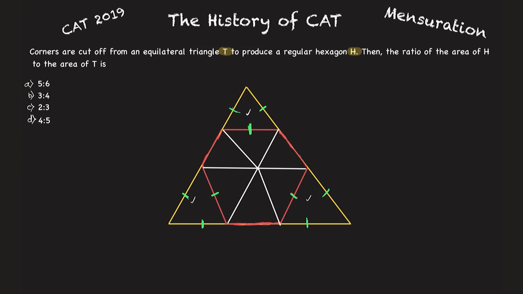Correct, which means these equilateral triangles are the same. If this equilateral triangle has an area of A, this also has an area of A, and this also has an area of A. But since this is also an equilateral triangle, this is equal to this is equal to this. This green is nothing but one and the same side we are talking about.